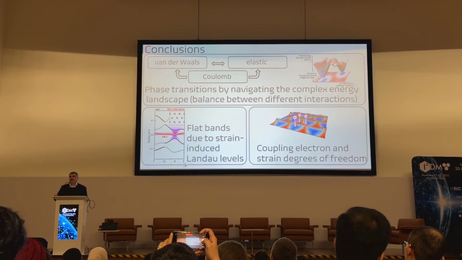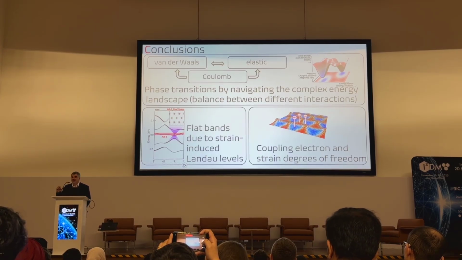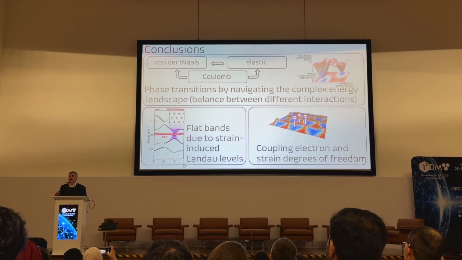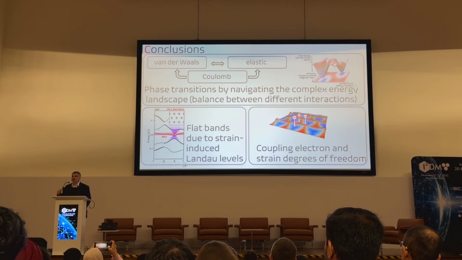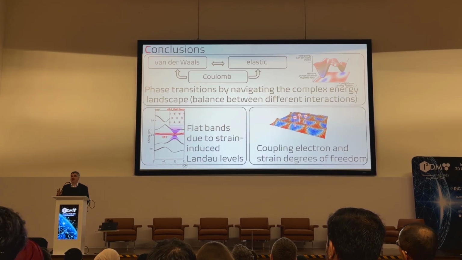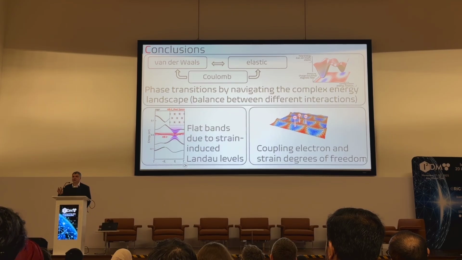Then another take-home message is the flat band. We usually think about flat band originating from the van der Waals interaction. Here, flat bands are originating from the pseudomagnetic field, and that's surely important for the development of twistronics, where we want to control electron interaction.